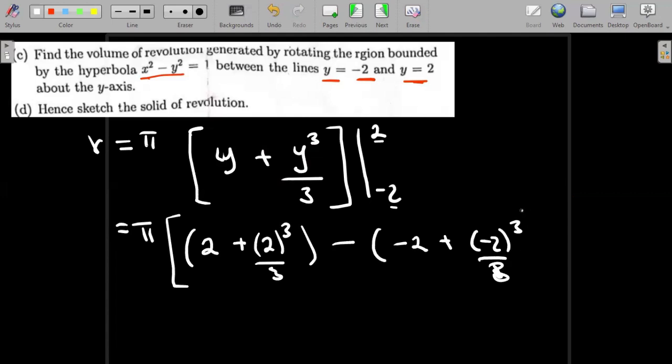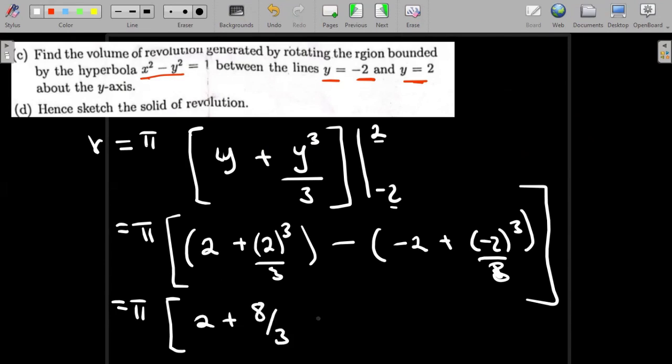So this is going to be pi times 2 plus 8 over 3, then minus negative 2, and since it's an odd power, negative 8 over 3. So from there, you can continue now.